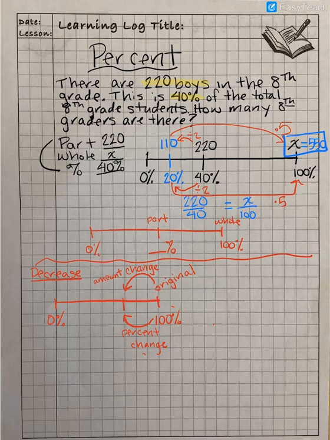If we have an increase, so again, this might be a markup, this might be a tax or tip, the difference is where our 100% goes. If we have an increase, the original isn't at the end, it's in the middle, because it's going to be increased by the amount of change.